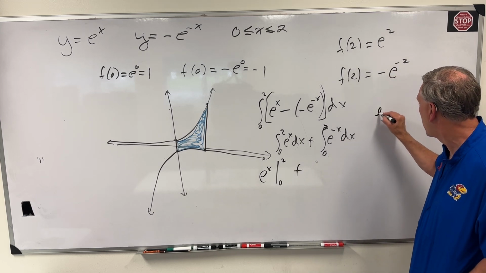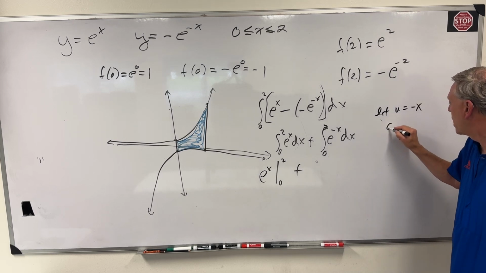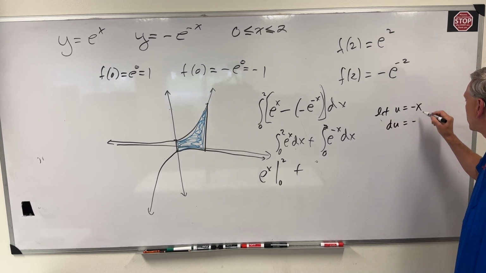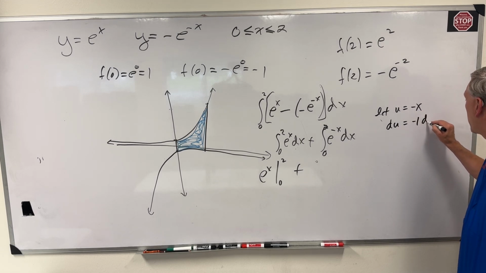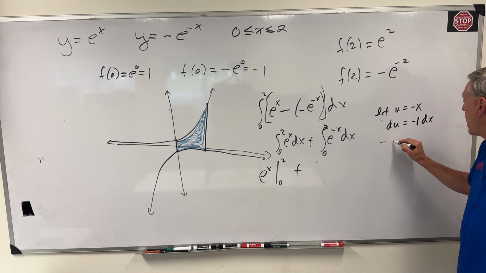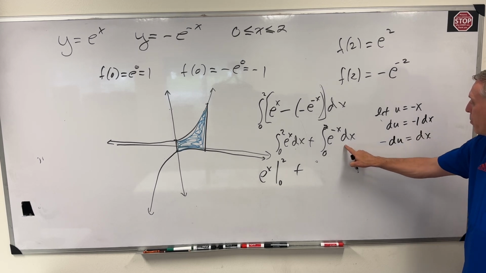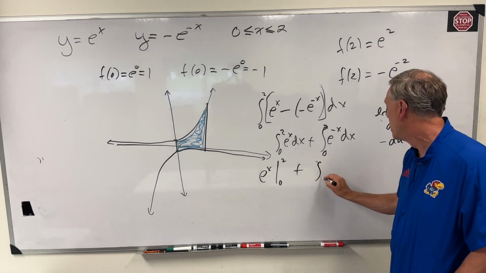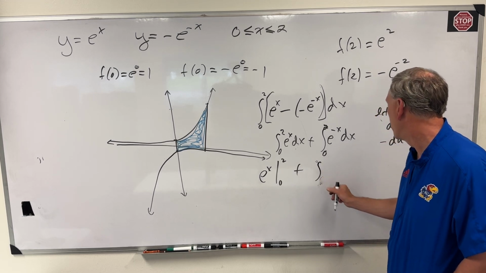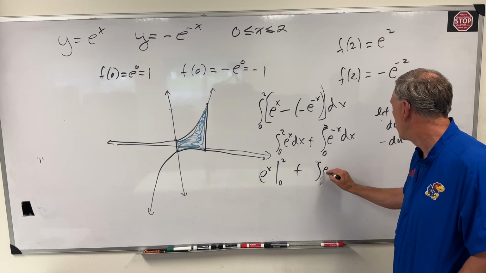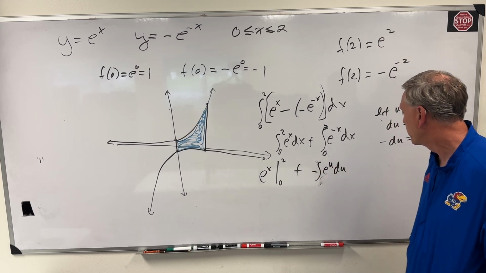we need to let u equal minus x, so that du equals minus 1 dx, since the derivative of x is 1. So that means minus du equals dx. We need that solved for dx so we can plug that back in. Actually, I'm going to leave it indefinite and then I'll convert back. So this is going to be the integral of e to the u du, but there's a minus now.